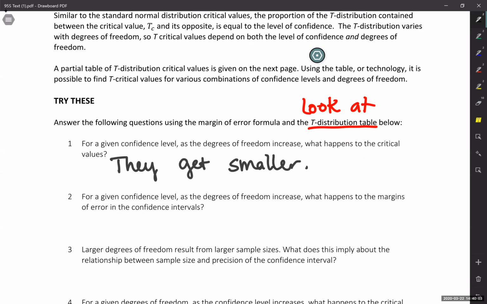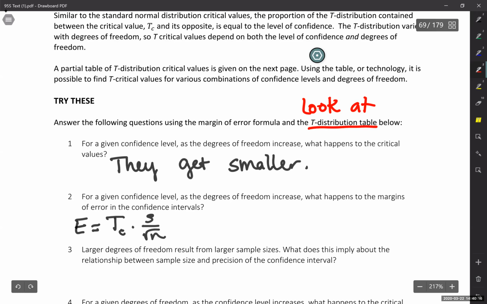The margin of error formula is our T times S over the square root of N. Since the critical values, which are the T's, are getting smaller, if I am multiplying by a number that's getting smaller, then my error is also going to be getting smaller. My margin of error also gets smaller.